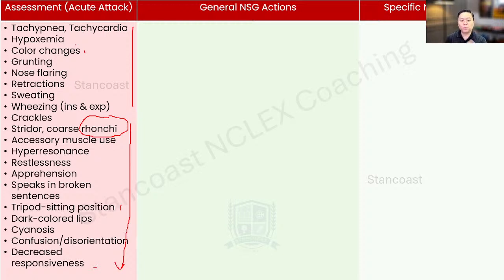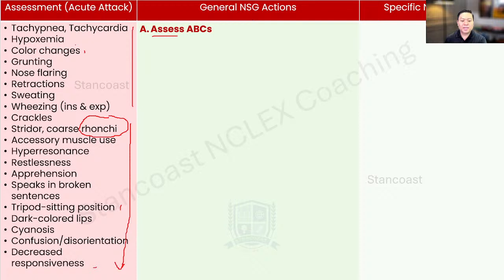Our goal for the treatment in this patient is to quickly reverse the airflow obstruction, correct the hypoxemia, and also reduce the likelihood of recurrence. Now, what are we going to do? Of course, start with the ABCs. Always think about the airway, breathing, and circulation.